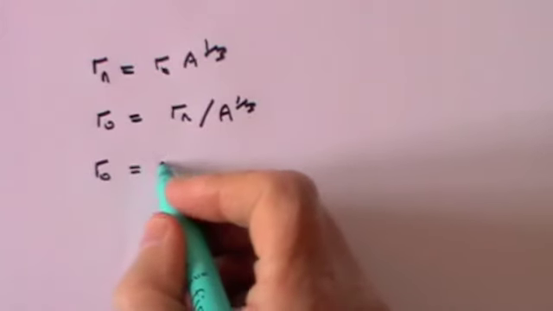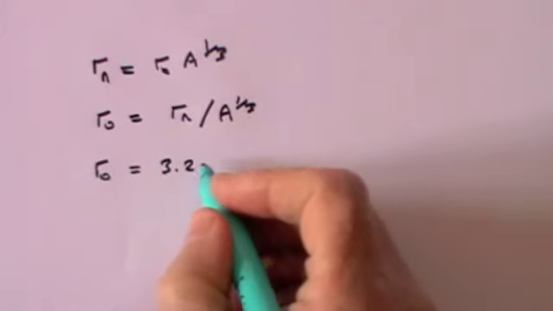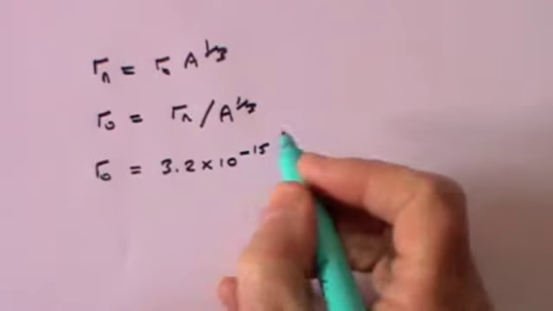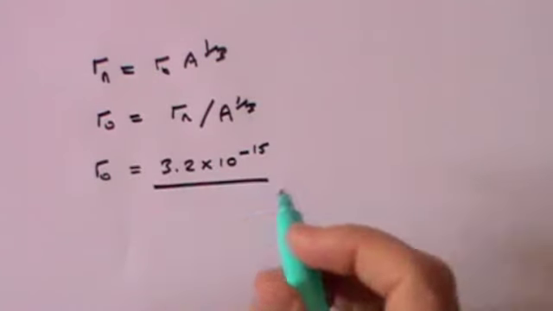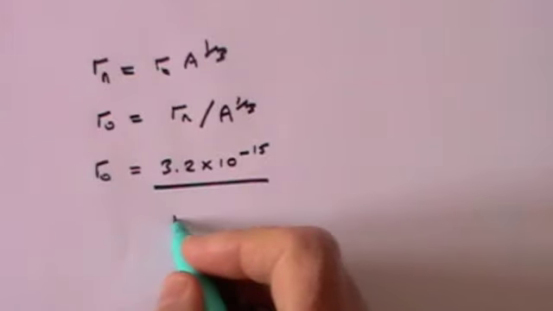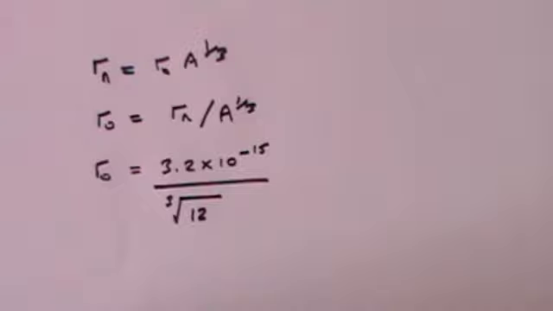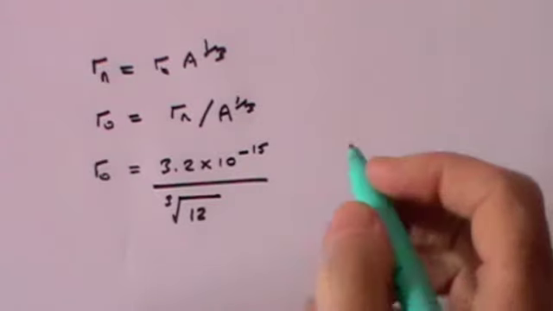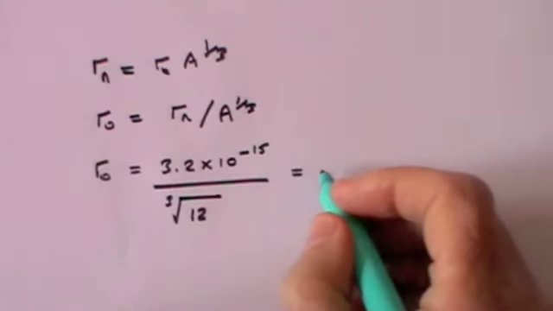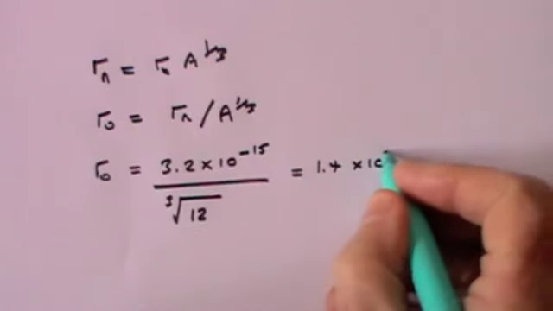We were told that that is 3.2 times 10 to the minus 15 meters, divided by A, which was 12, so it's the cube root of 12. And if you put that into your calculator, you should get that that is 1.4 times 10 to the minus 15 meters.